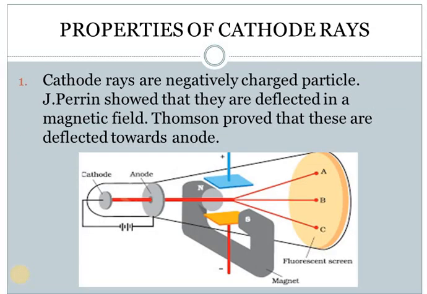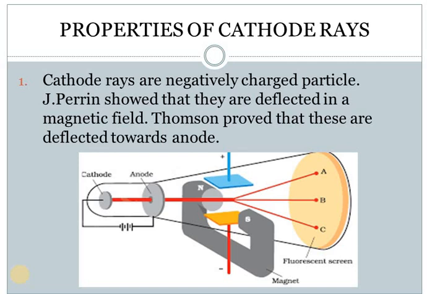Now about the properties of the cathode rays. Each property is very important from short question as well as from your objective point of view. So please listen to it very carefully and try to learn them. First is that cathode rays are negatively charged particles. Now how is it proved that they are negatively charged particles?